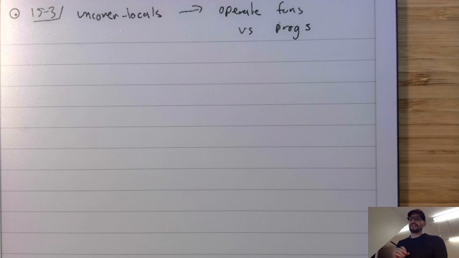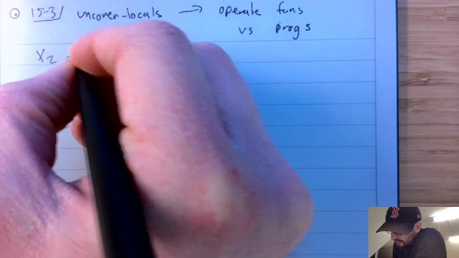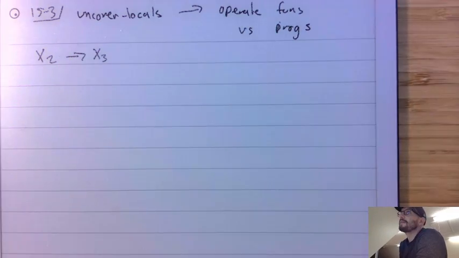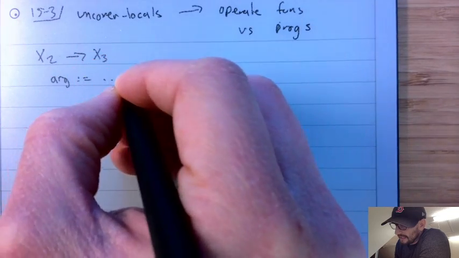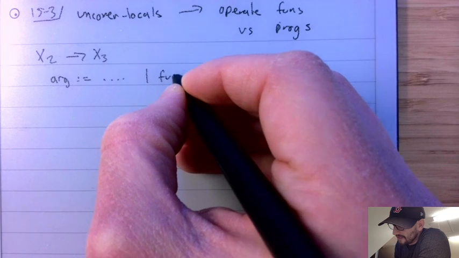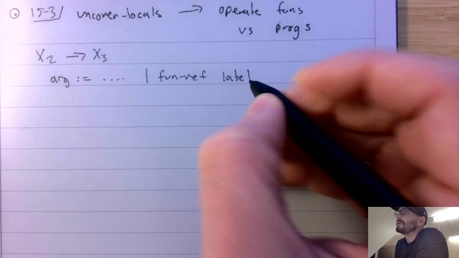We're going to do register allocation independently; each function is going to have its own register allocation. So now we're ready to talk about how to change the X language. We're going to go from x2 to x3. We're going to update the argument type, so it's going to have a function reference as a new case, and that is a function reference with a label.